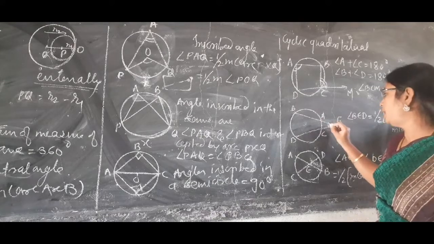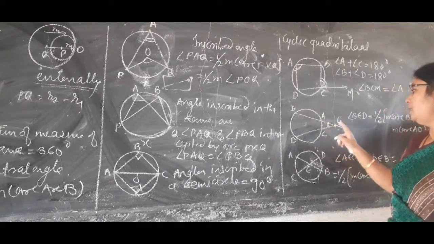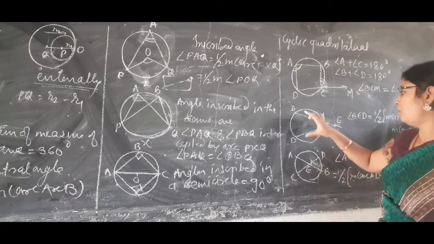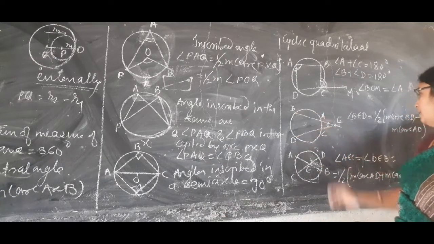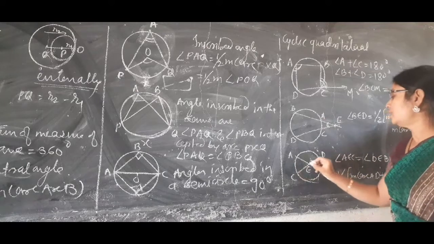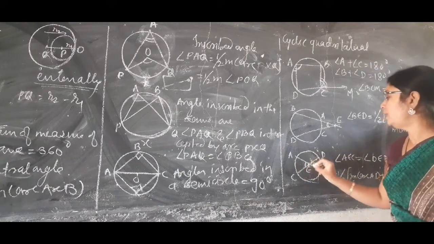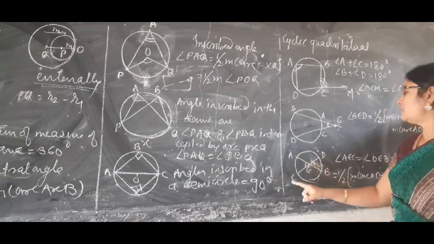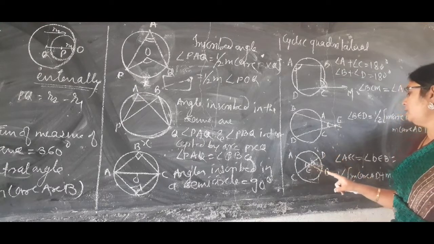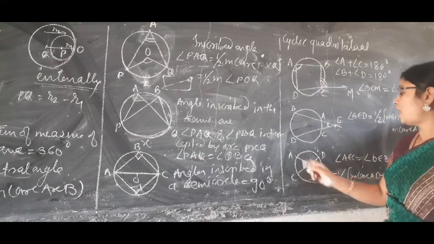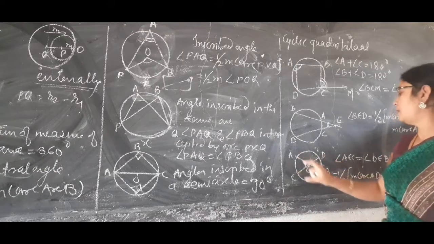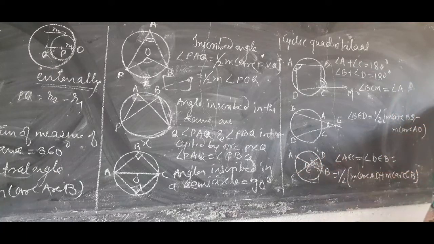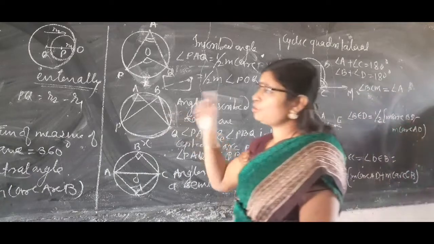If the chords intersect internally, and you want to find this angle AEC or BED, then it is half of the measure of arc AC plus half of the measure of arc BD.